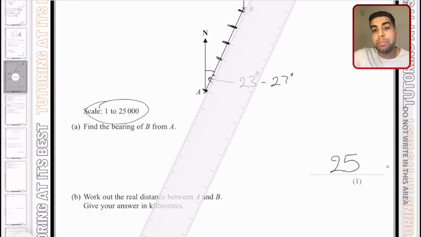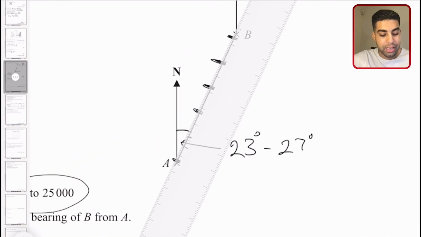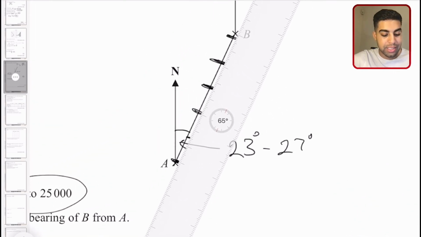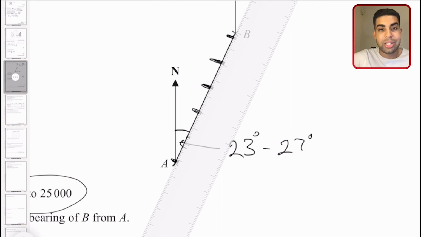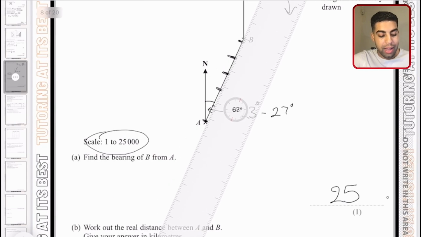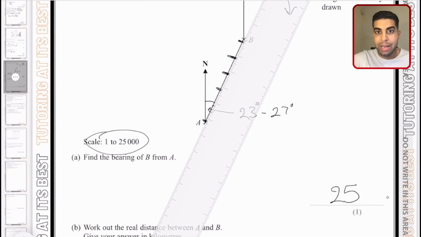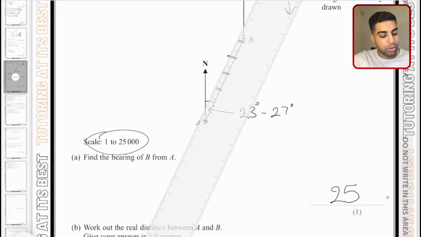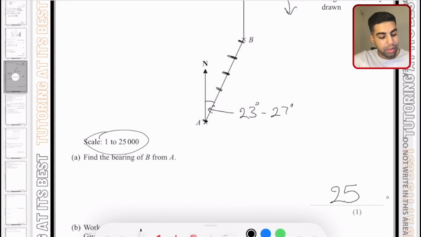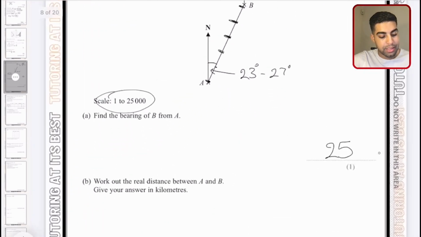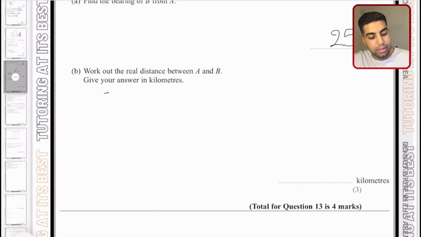But again, this would be different if it was printed out, because if I was to zoom in and then select my ruler, you can now see that it becomes a larger amount than 6 centimeters. So do remember, when you have your ruler and it's printed out, that would be the correct answer. So on this basis, I'm going to go with 5 as my centimeters, as my real distance. So 5 centimeters on the map.